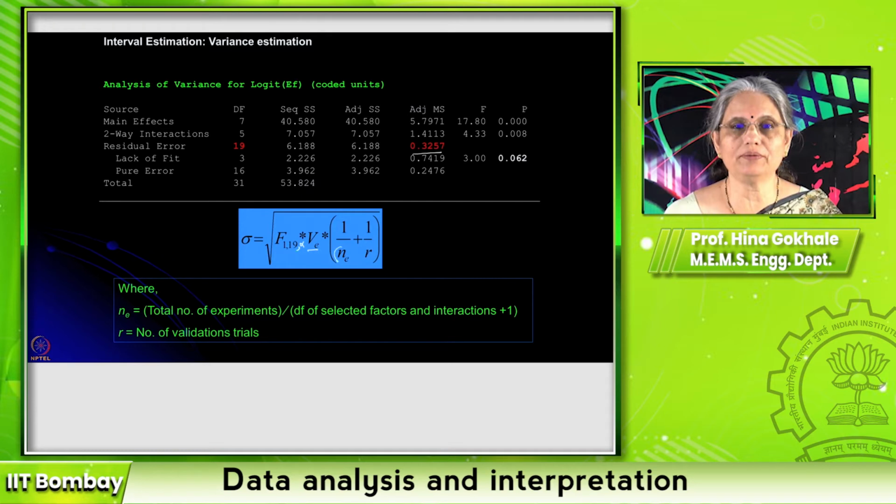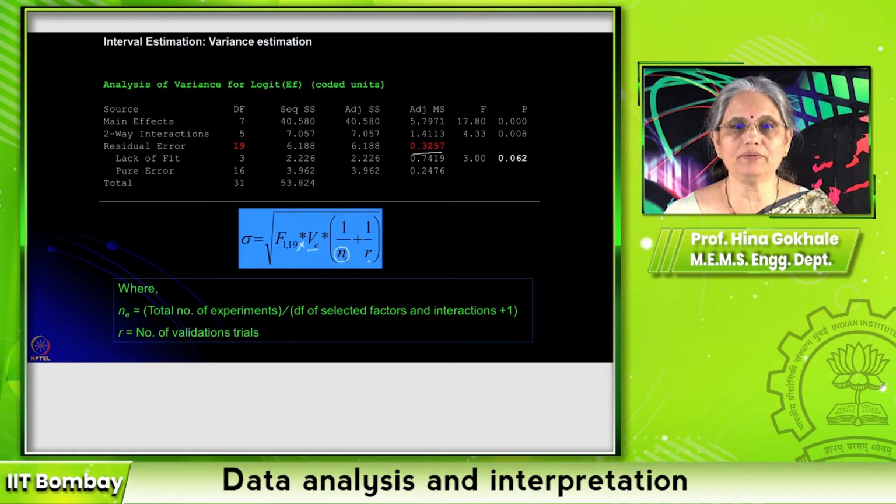And then this is going to be the effective number of replica, which is total number of experiments divided by degrees of freedom of selected factors plus 1.